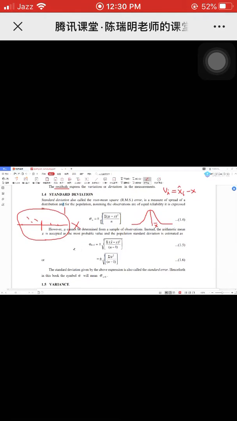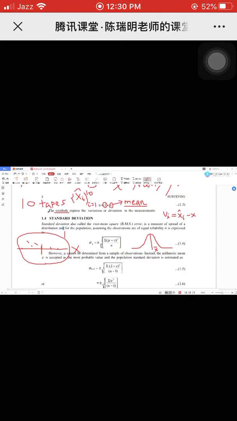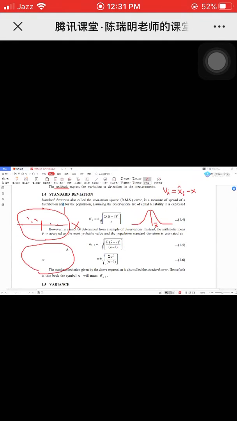Now I give the 10 identical tabs to another person. This guy is going to do the measurement for me. So he's going to measure 10 times based on different tabs.